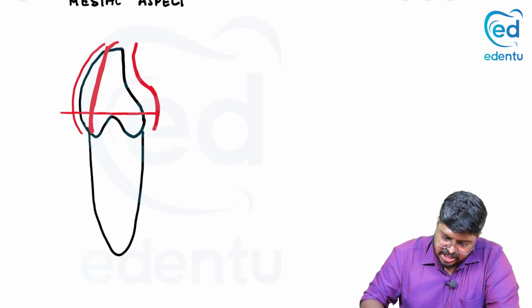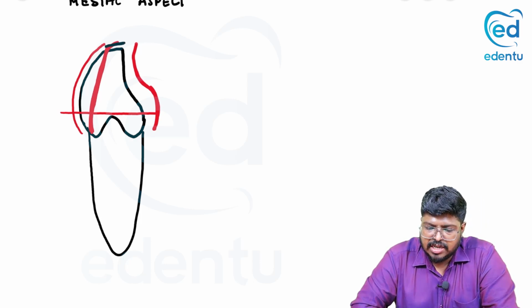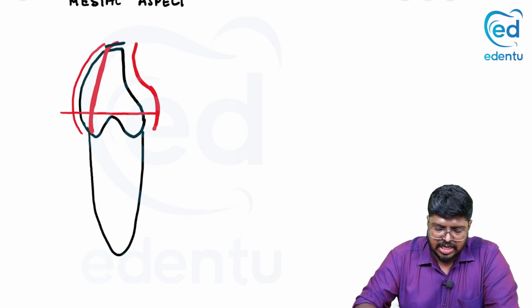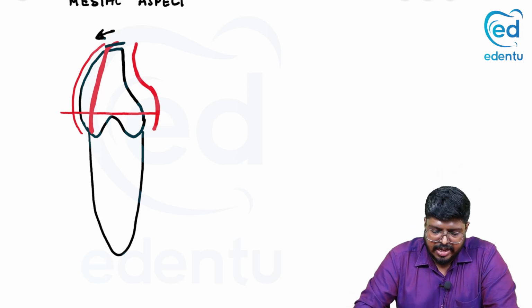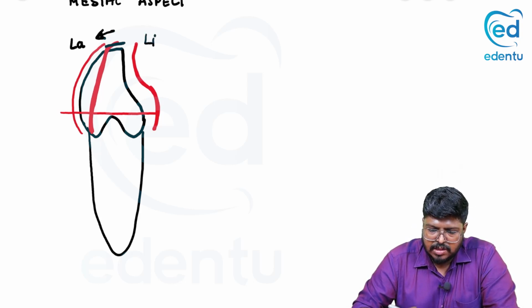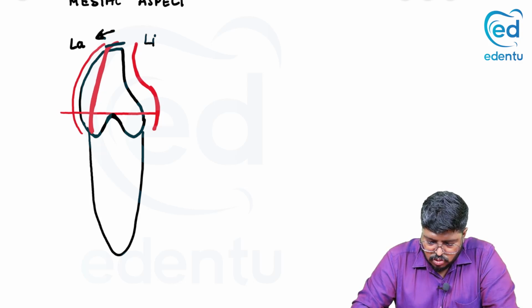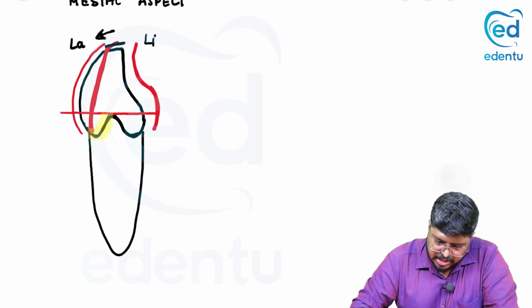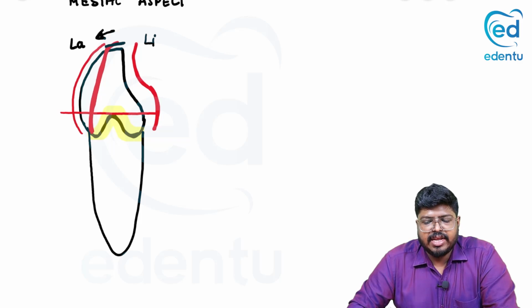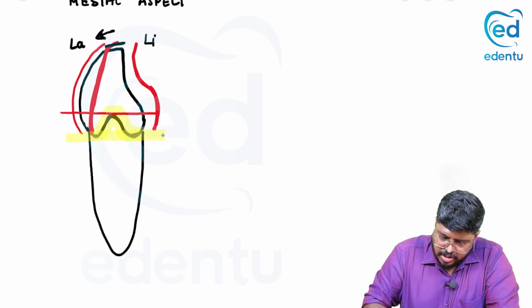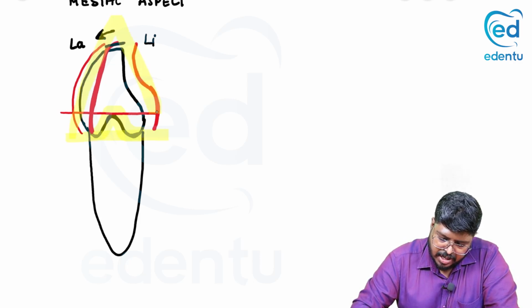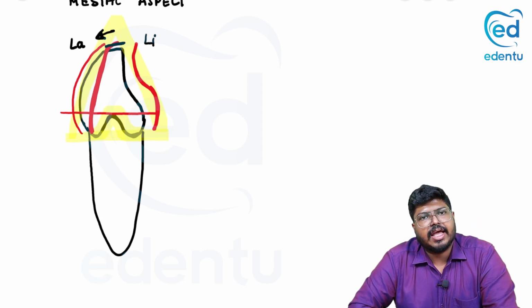The incisal edge has an inclination, and the inclination will be towards the labial side. The cervical margin is much more marked, and it is an even curvature. Now, the surface of the crown here, like your maxillary counterpart, is therefore roughly triangular.